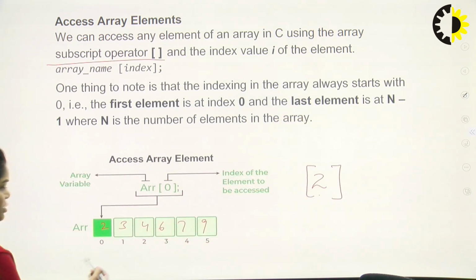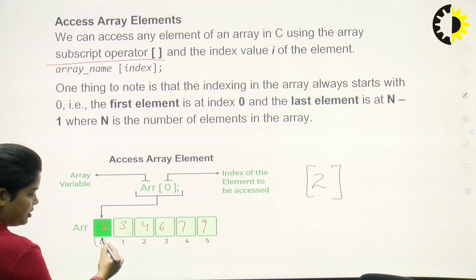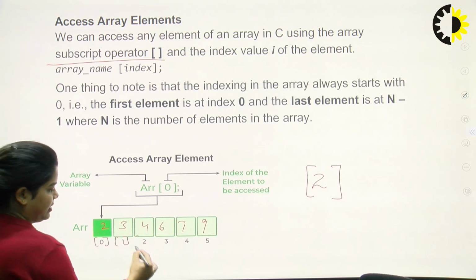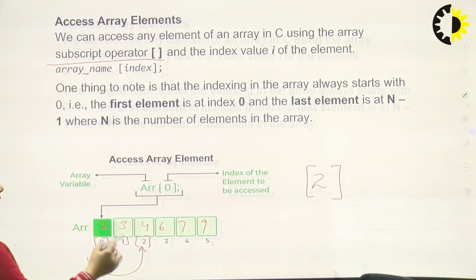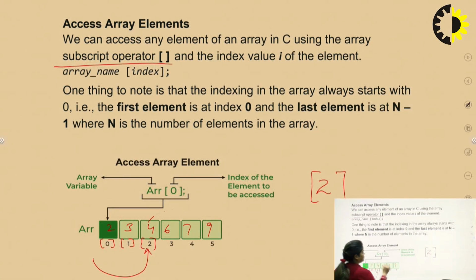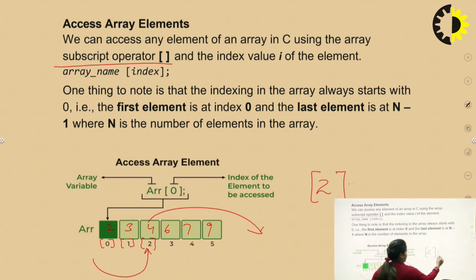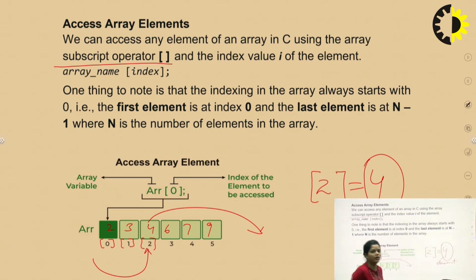So this is subscript 0, this is 1 and this is 2. Now at subscript 2, which element will we get? The 4th element. Alright.